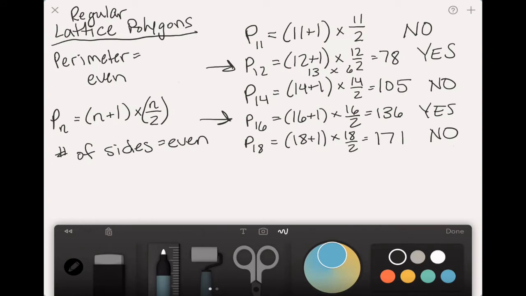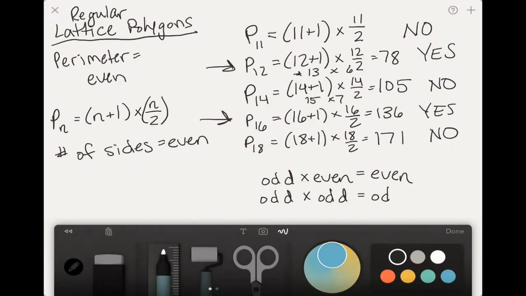So an odd number times an even number gives us an even product. What about with 14? So we had 15 times 7. We had two odd numbers. An odd number times an odd number gives us an odd product. And that will not work.